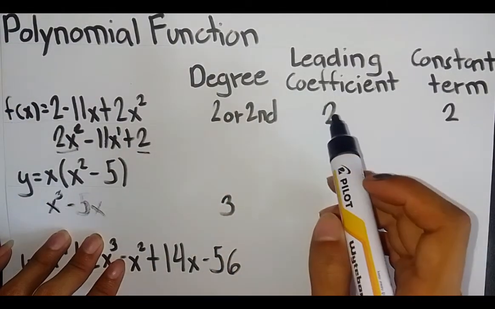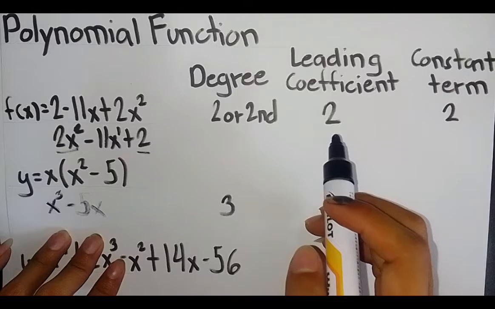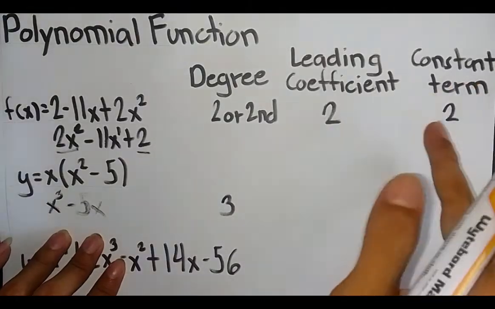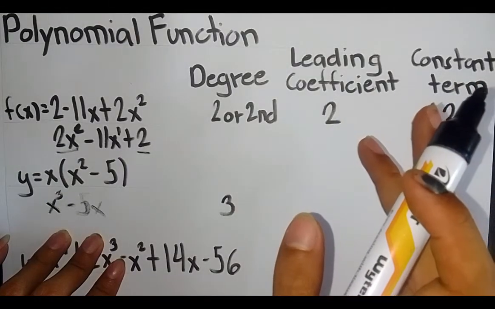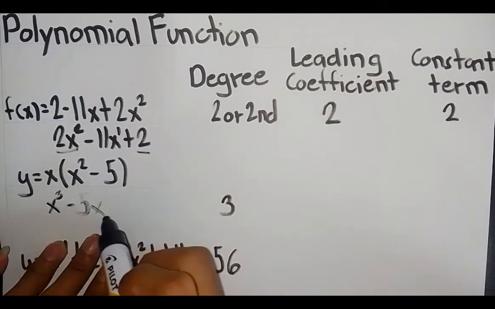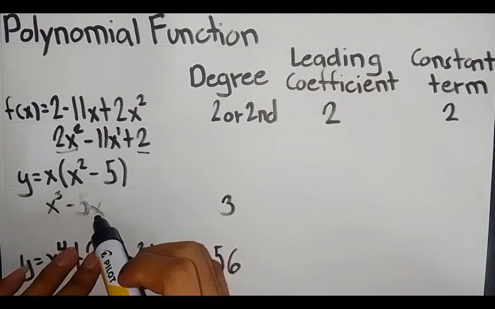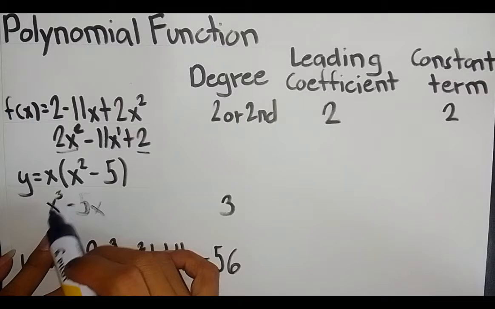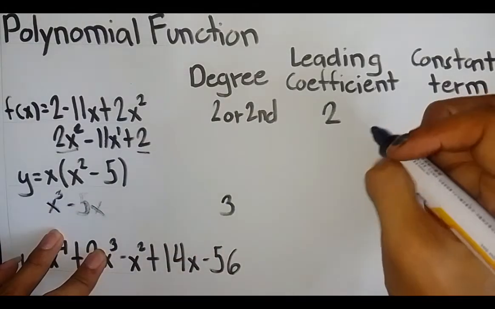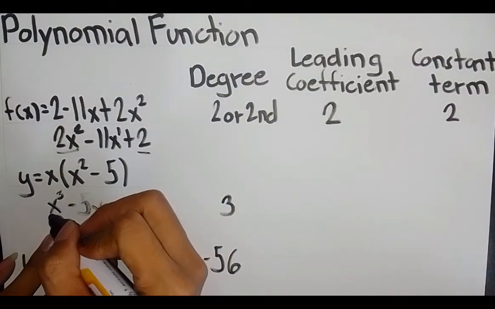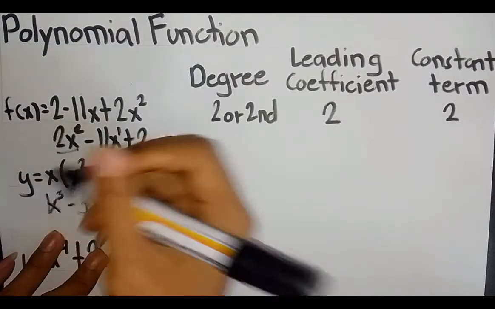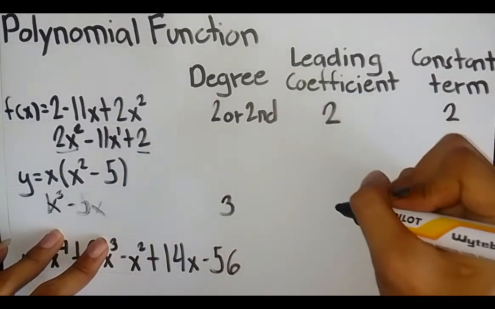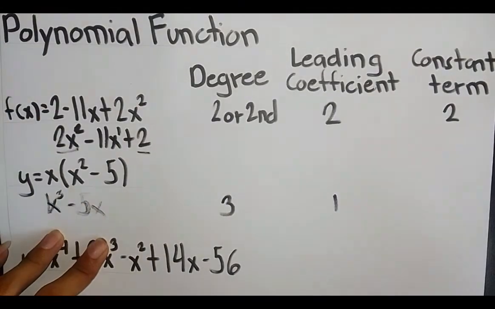And for the leading coefficient naman, it is the first term or leading term sa ating equation. So our first term is x cubed. So ang ating leading coefficient, di ba yung x meron siyang invisible 1, so ang ating leading coefficient is 1.